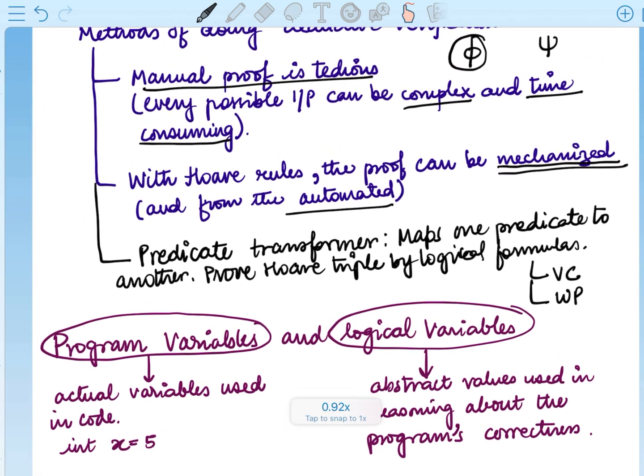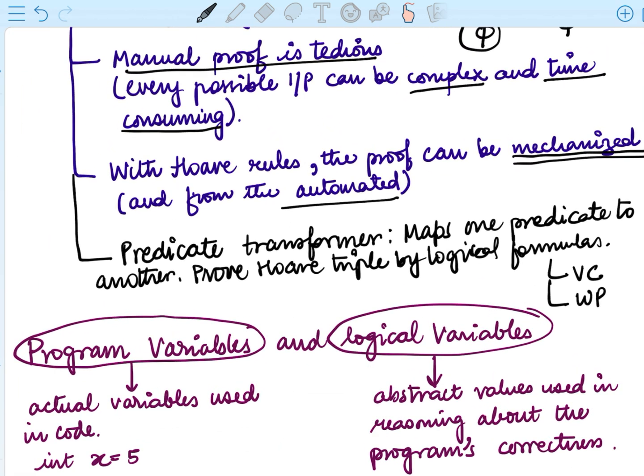The third and the final one, which will be part of our last lecture where we will be discussing predicate transformers. A predicate transformer basically maps one predicate to another. A predicate is a statement with all the operators and expressions, and it will map one predicate to another.